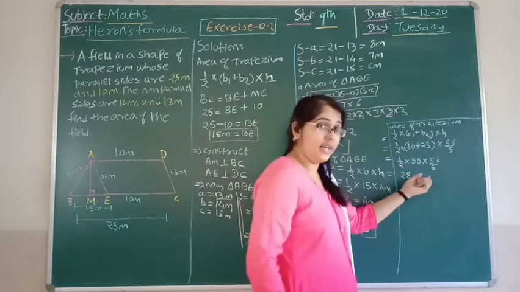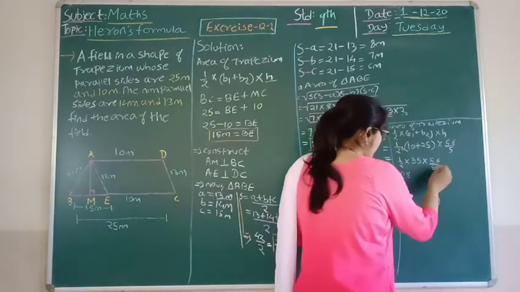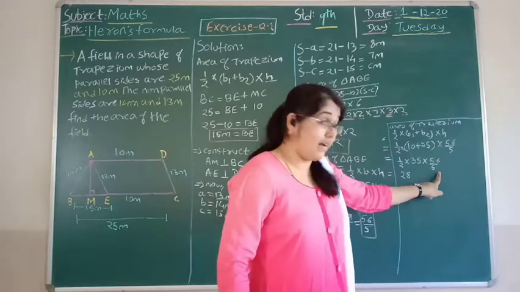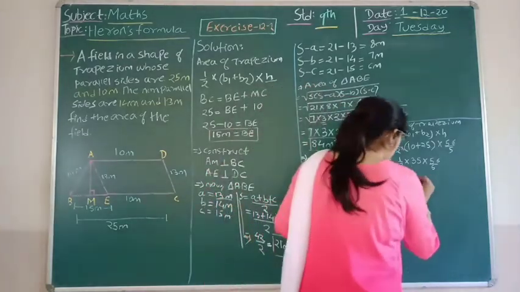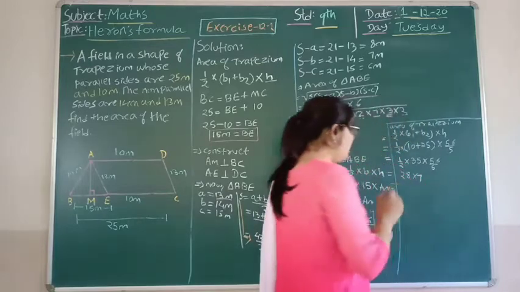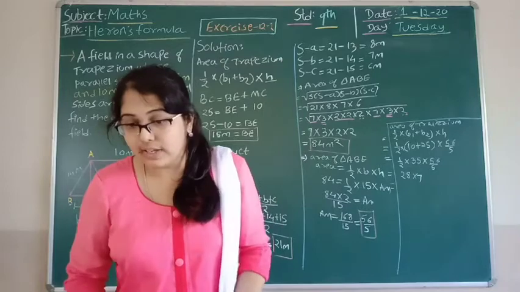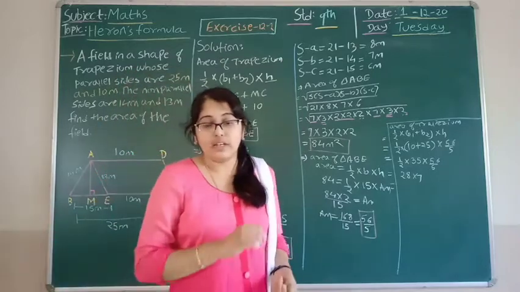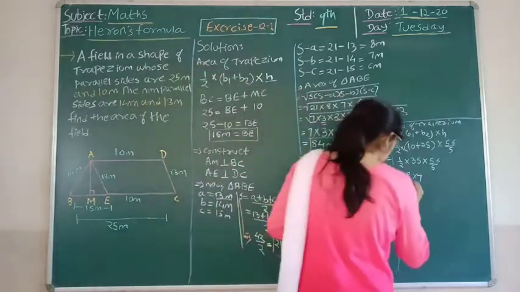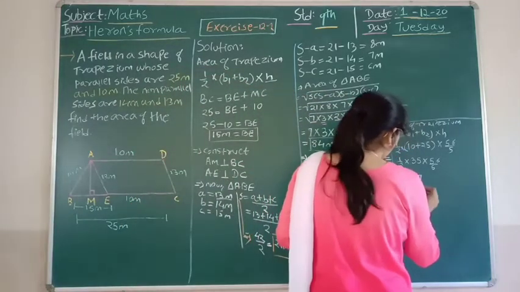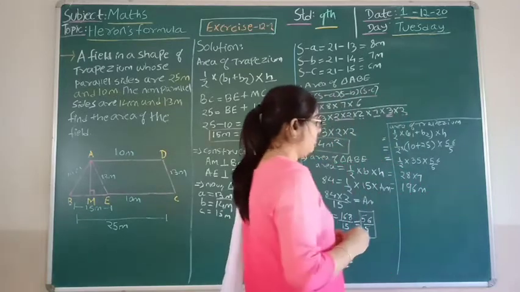Now, dividing 35 by 5, it will be 7, so multiplying it by 7. And if you multiply 28 into 7, the answer you will get is 196, right? 196 meter.